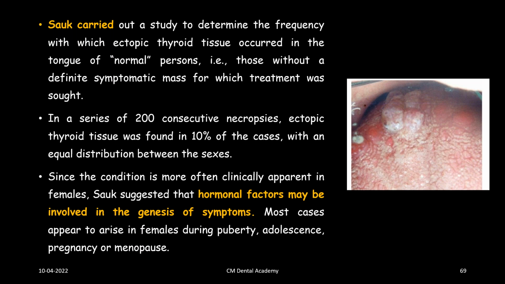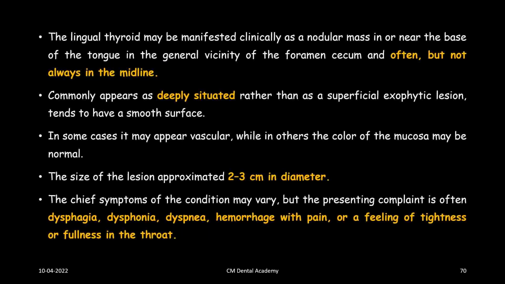Since the condition is more often clinically apparent in females, he suggested that hormonal factors may be involved in the genesis of the symptoms. It may be manifested clinically as a nodular mass in the tongue in the general vicinity of the foramen cecum, commonly appearing deeply situated rather than superficial.